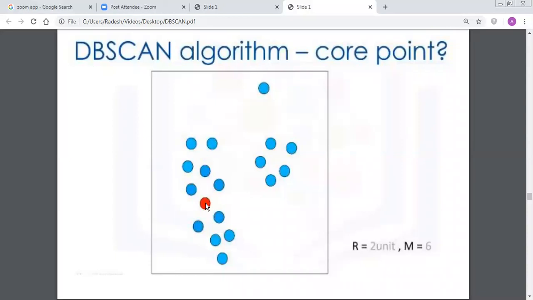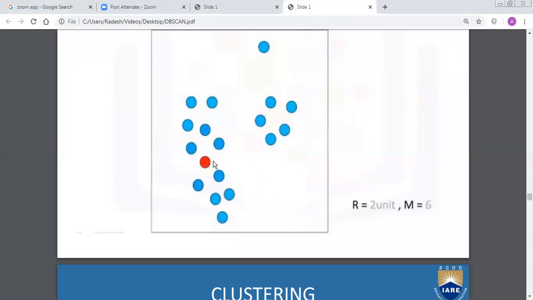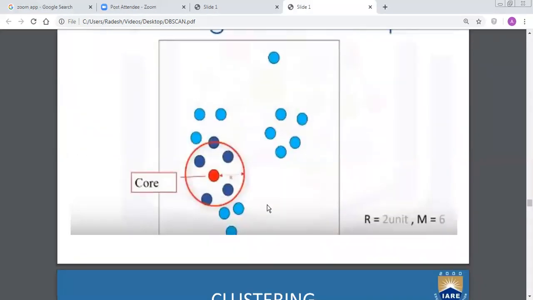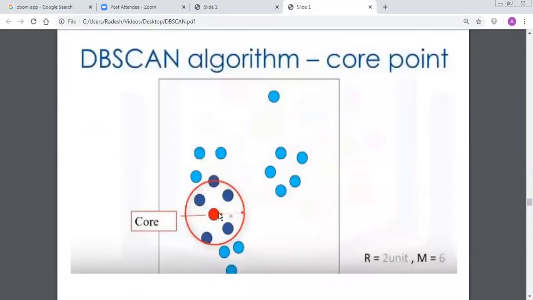If it is met, only then will it become the core point; otherwise it will not. So I have drawn a circle with a radius of 2 units here.